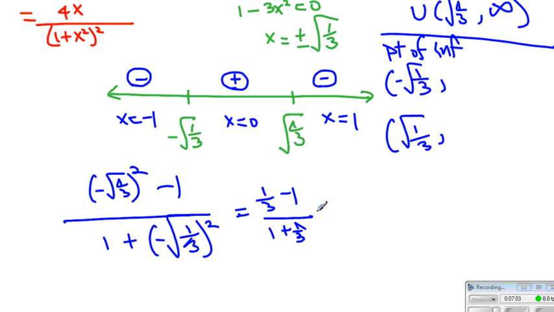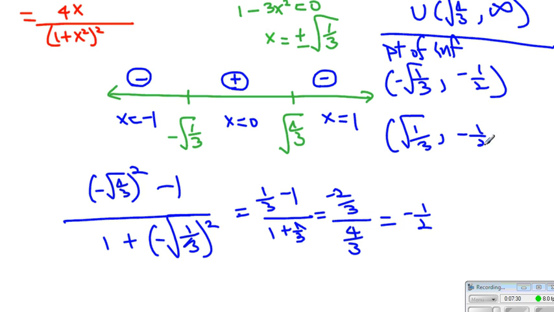Which is negative 2/3; on the bottom we get 4/3, which basically translates to negative 1/2. Once we plug in the square root of 1/3, it's not going to make any difference, so this will be exactly the same, negative 1/2. That becomes our answer for the first one.